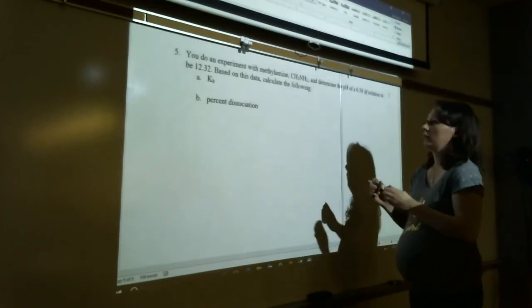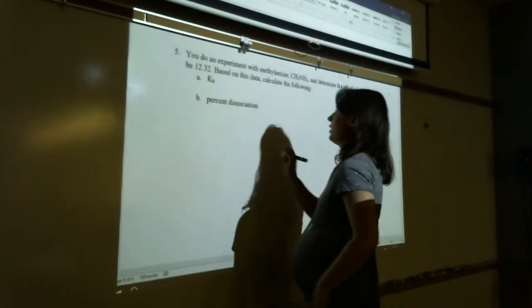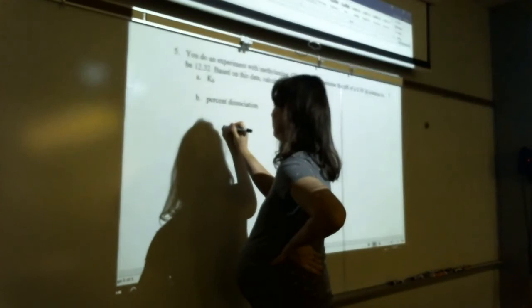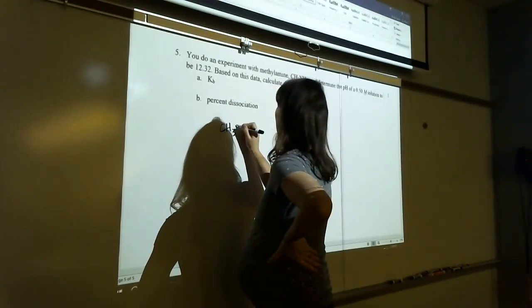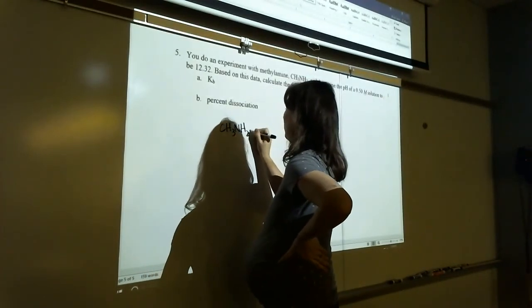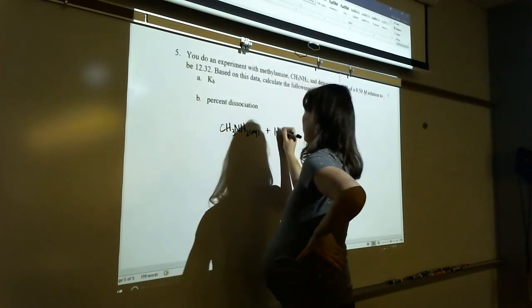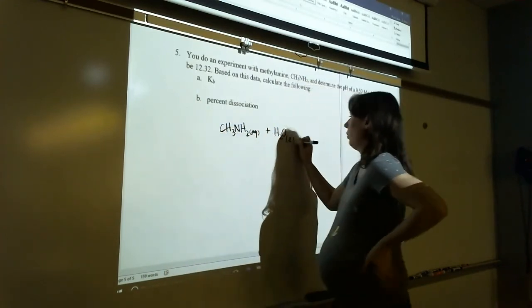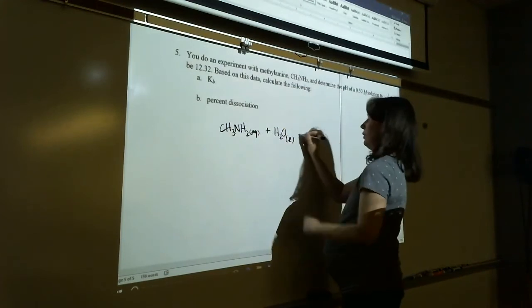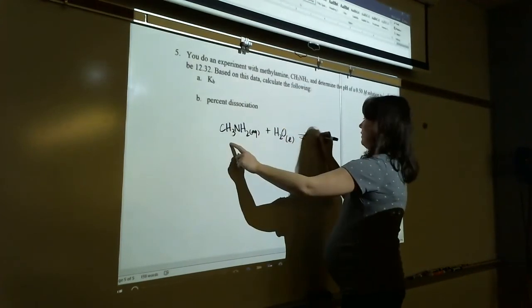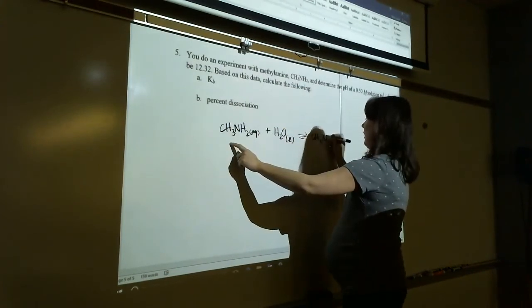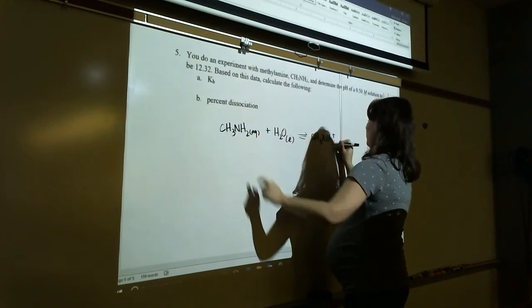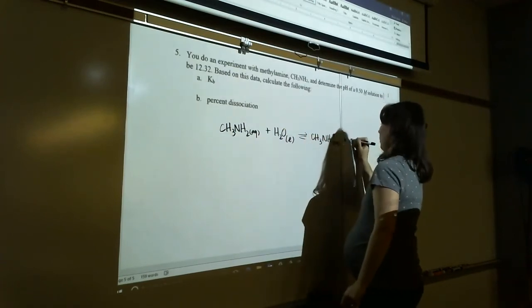So, I need to write my dissociation equation. Right, this will be CH3NH2 plus water. Water's the donor, right? So that's in equilibrium with CH3NH3 plus and OH minus.